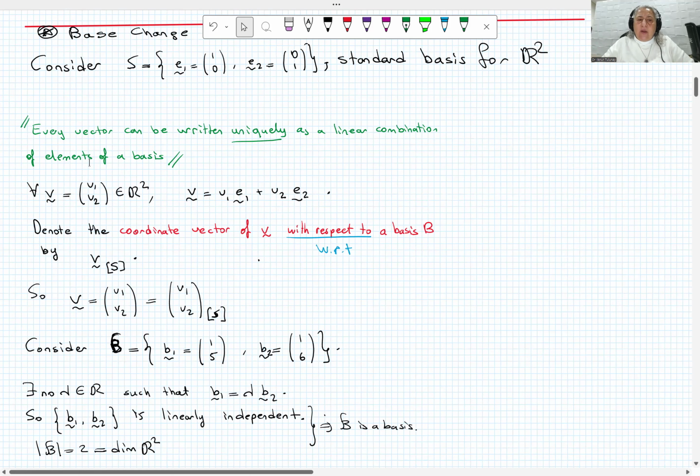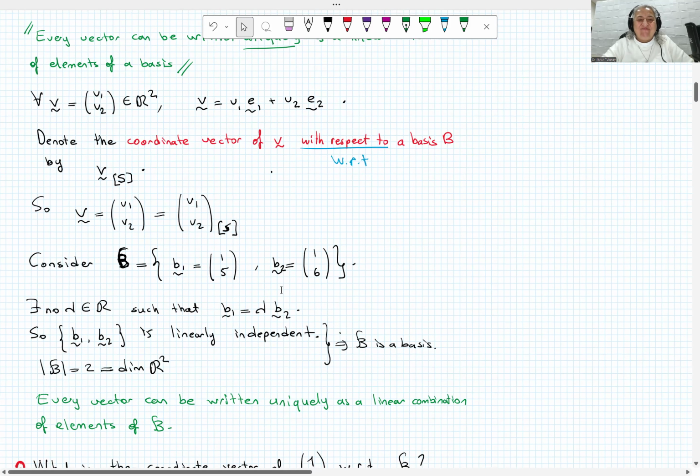To denote this concept, we use vector notation with brackets and the name of the basis. So this basis is S. If it's another basis, we will put another name. So v will be v1, v2 in the usual vectors, the coordinate vector with respect to the standard basis. So far, so good.